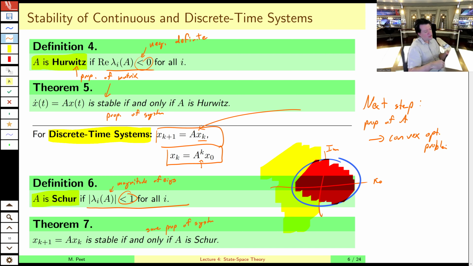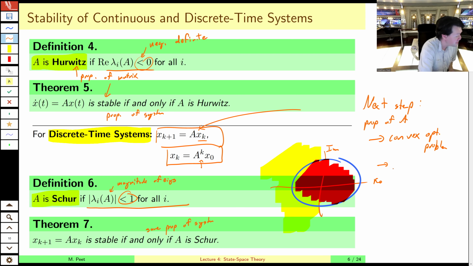But it's not quite that easy, because finding the eigenvalues of a matrix is rather ill-conditioned numerically. Furthermore, if we want to find a controller which moves the eigenvalues to the left half plane, or do optimal control, or stabilize the system, then we need to formulate the optimization problem, and so we need to be able to express this as a convex constraint.